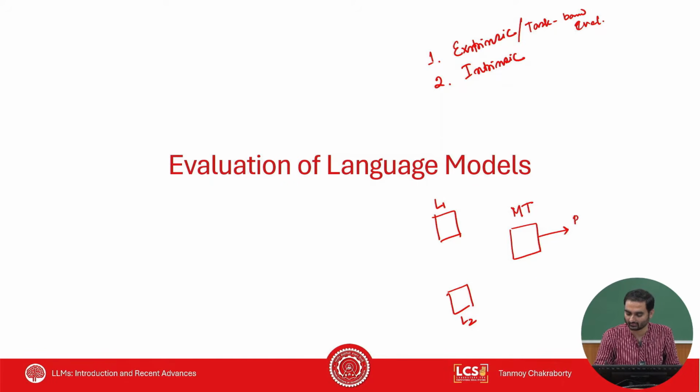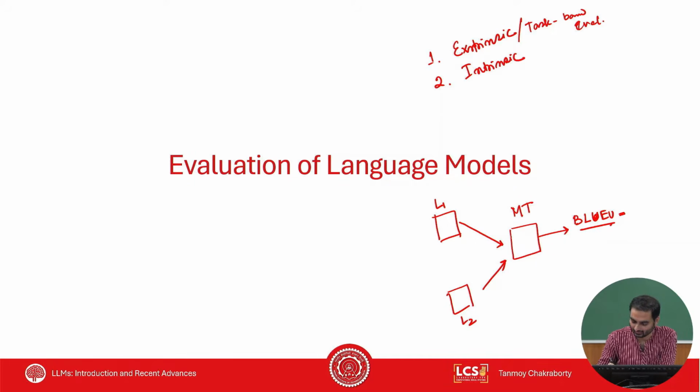Let's say the metric is BLEU. BLEU is a score that we generally use to evaluate the quality of a machine translation engine. So what we will do is feed the output of L1 to the machine translation model and see the value of the BLEU score. Similarly, I feed the output of L2 and see the score, and we will see which one is better.